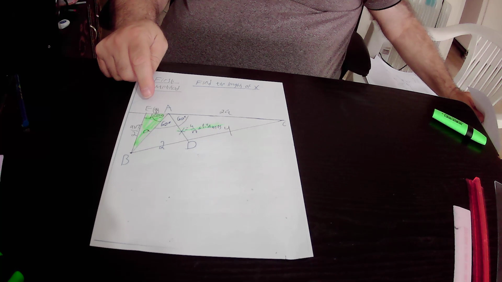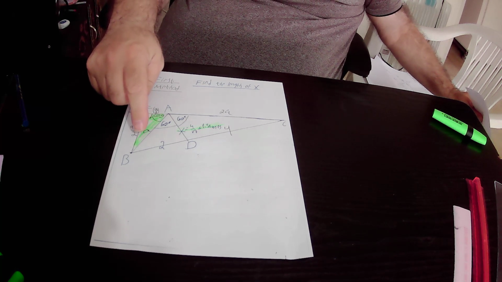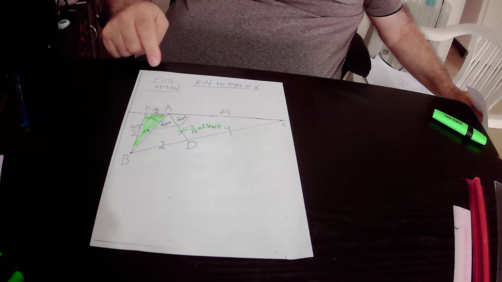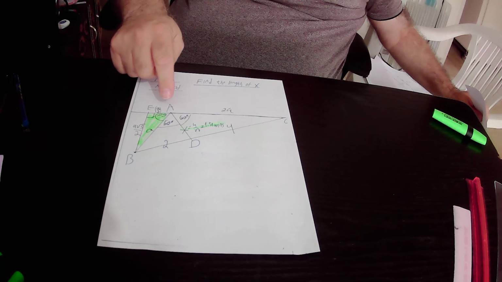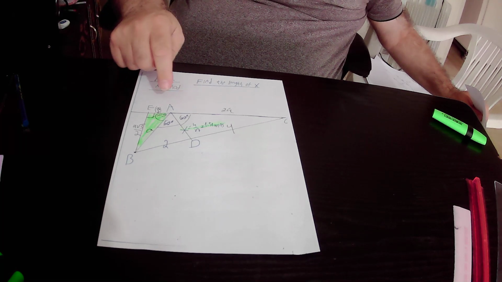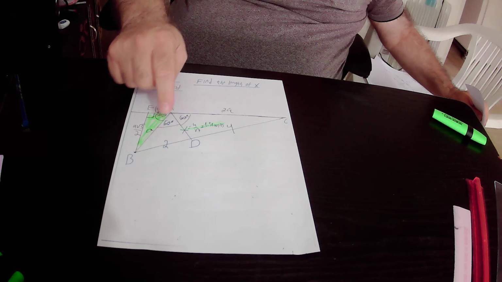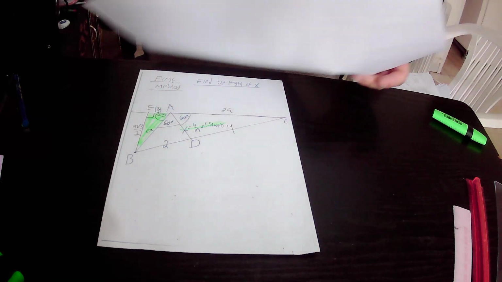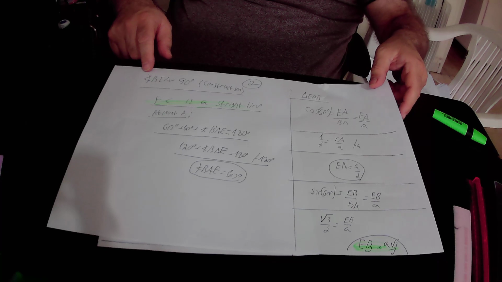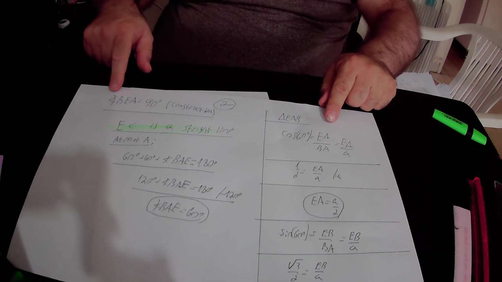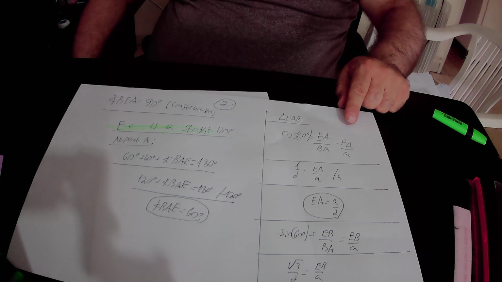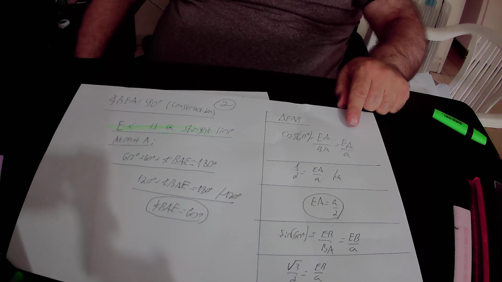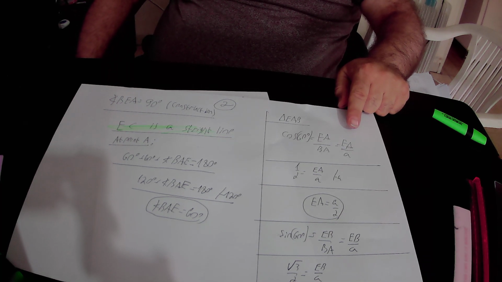Then we focused on the green right triangle, triangle BEA. On the green right triangle, triangle BEA, cosine 60 degrees equals EA over BA.